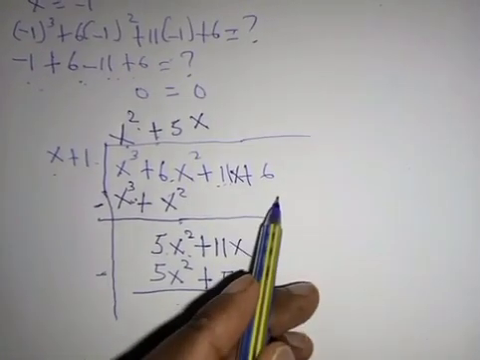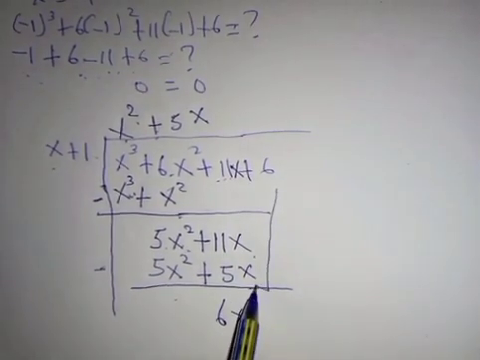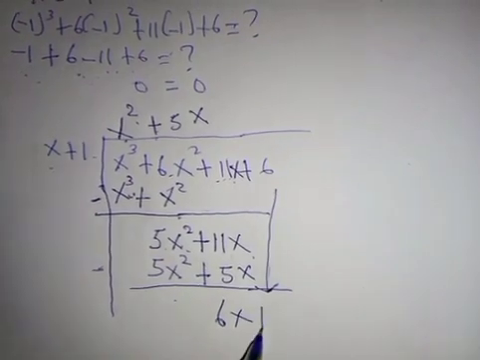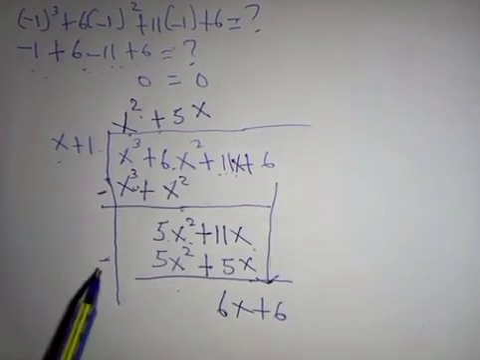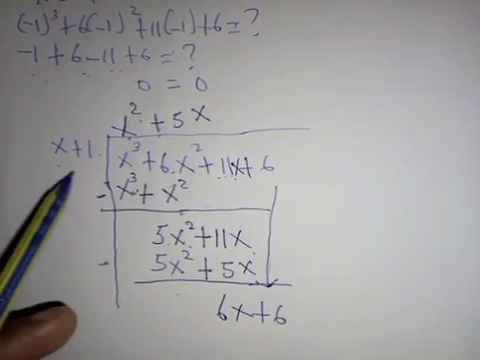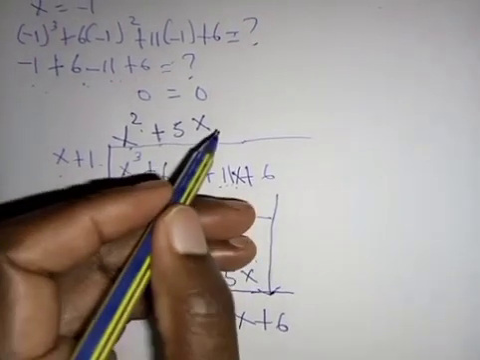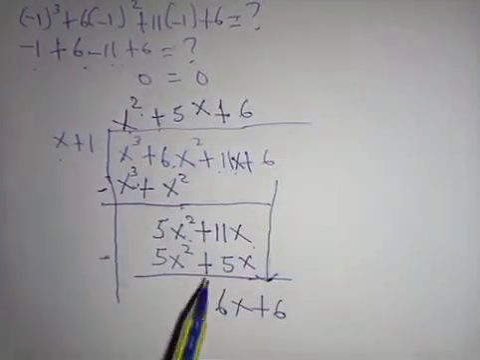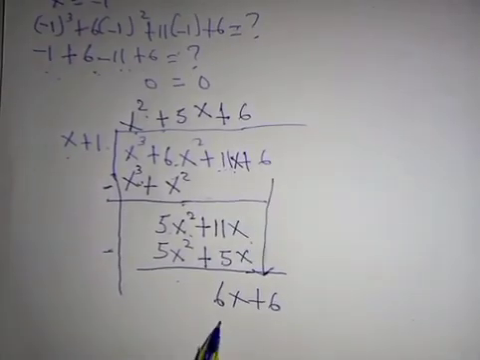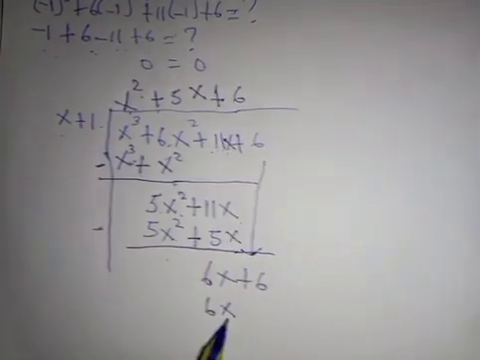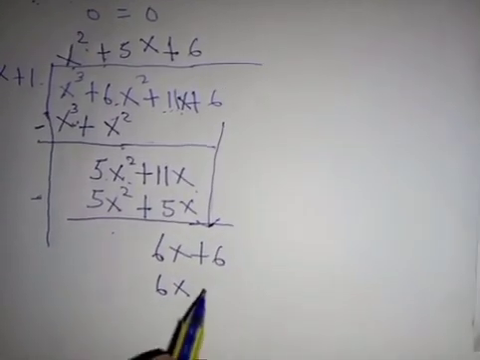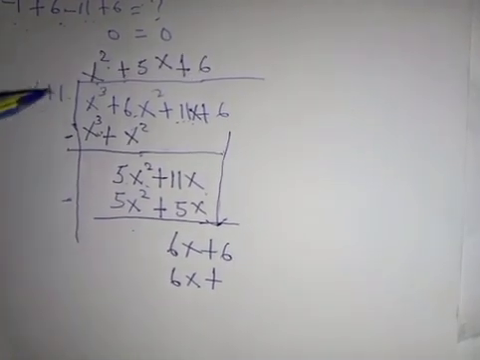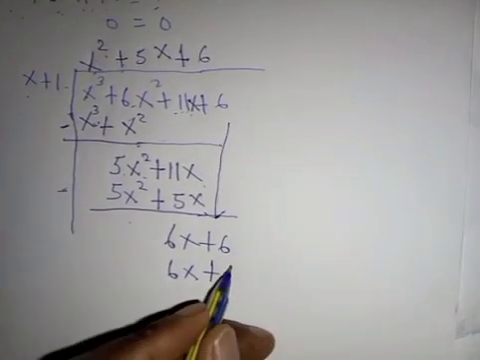So the next thing now, we drop 6 down here with the sign, so plus 6. So you ask yourself, what can you multiply with x plus 1 to get 6x? It is plus 6. So 6 times x is 6x, and 6 times 1 will give us 6.